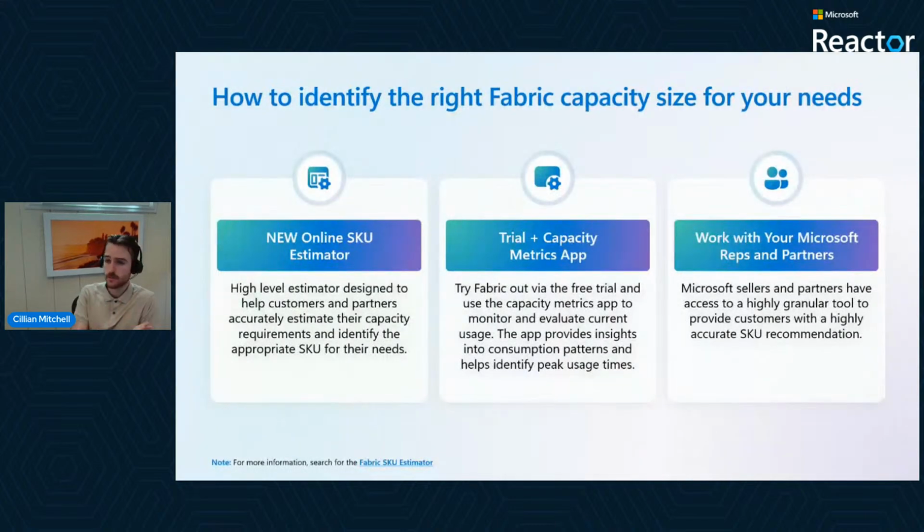But again, definitely start with step one, just use that online SKU estimator. And as you get further down the process, try the trial and then work with your Microsoft reps and partners. And we can definitely find you a SKU that works. And if you need to upgrade to a higher SKU at any point, it's relatively easy, so you can always do that as well.